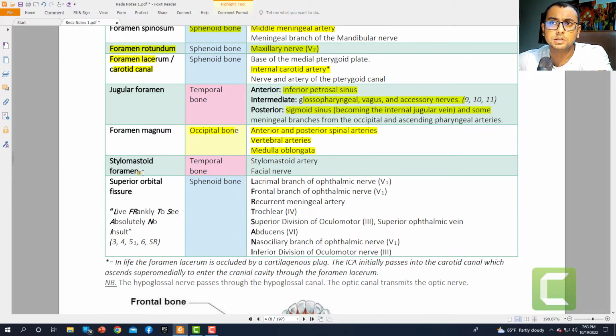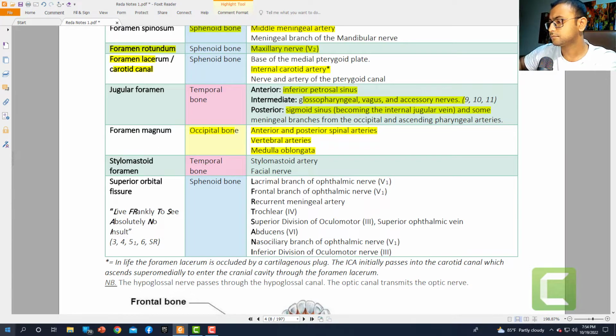Now the stylomastoid foramen is very important because the facial nerve comes out to the extracranial region through this foramen. It is present in the temporal bone.